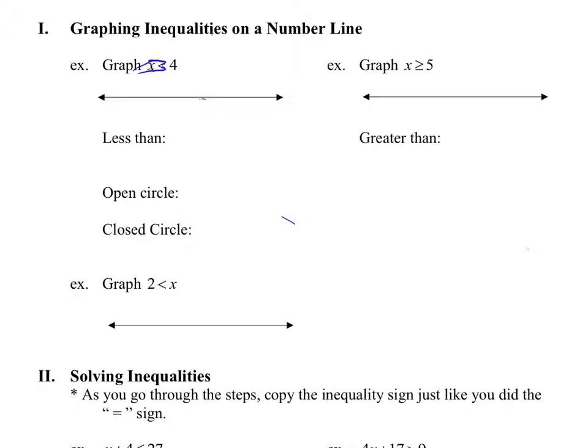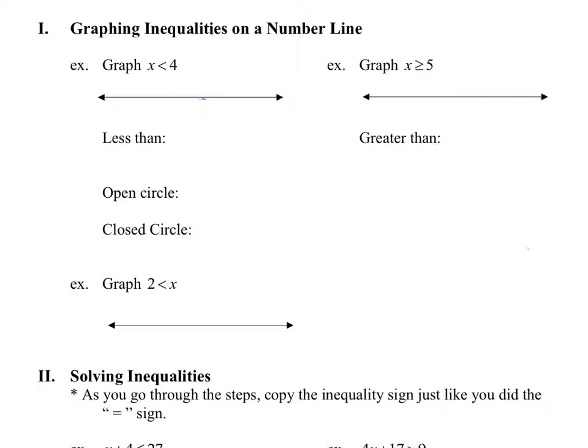They eat big things, so the bigger thing is always going to be on the wider side. So if you have x is less than 4, x is on the small end of this less than sign, and 4 is on the wider part. So x is less than 4, or 4 is greater than x.